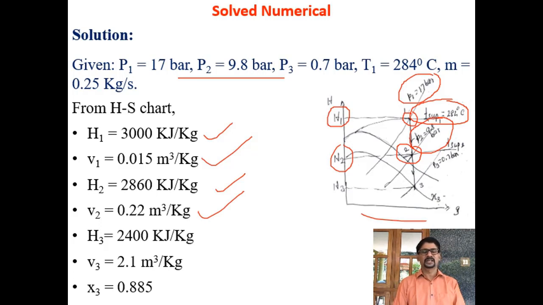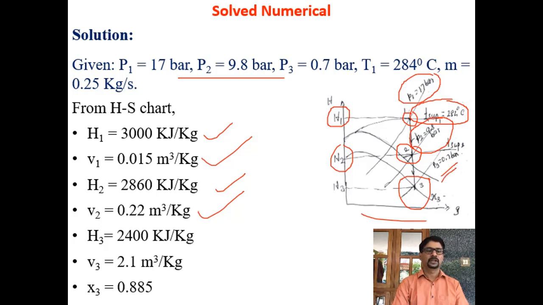One thing is very clear here: as the expansion proceeds through the nozzle, enthalpy decreases whereas the specific volume increases. H1 is 3000, H2 is 2860, small v1 is 0.015, now it is 0.22. So there is an increase in specific volume with a decrease in enthalpy. Further expansion till the exit is represented by point 3, which corresponds to pressure 0.7 bar.